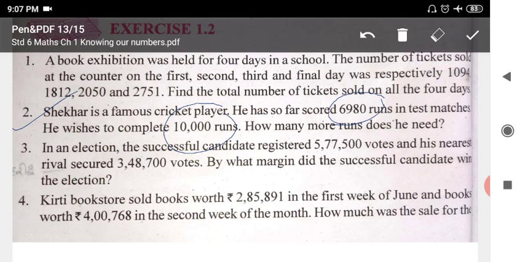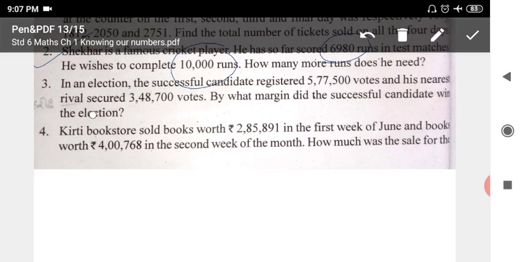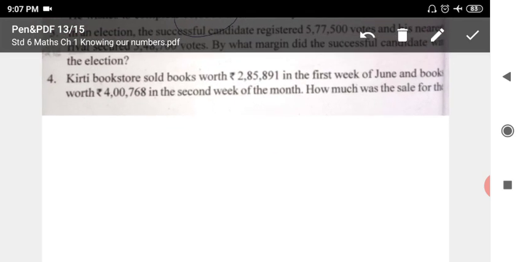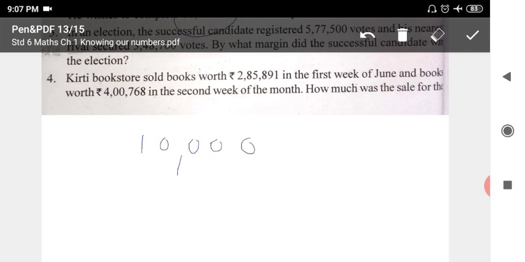Okay, so that number we will subtract from this, so you will get the number of runs he wants more to achieve his target. Okay, so let us do the subtraction here. We write the first bigger number, that is 10,000. This is his target.